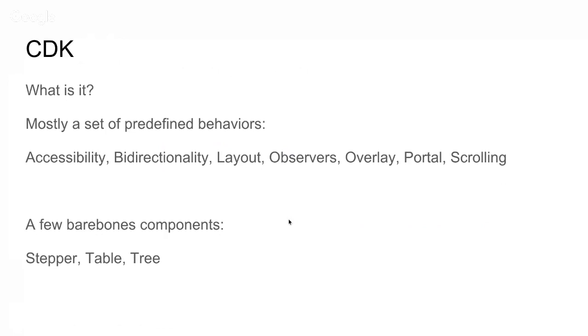There's a few bare bones components. One's called Stepper, which is kind of a wizard thing. The introduction wizards that you get where you, hey, do this now. Oh, look over here. So there's that kind of stuff. There's a table and then a tree component. They talked quite a bit about their tree component.